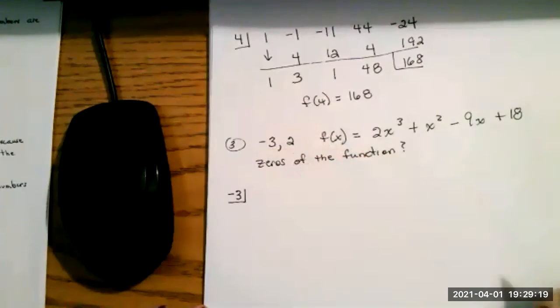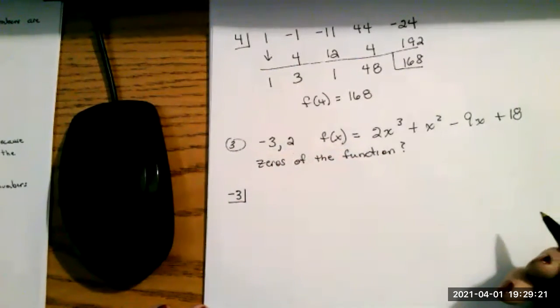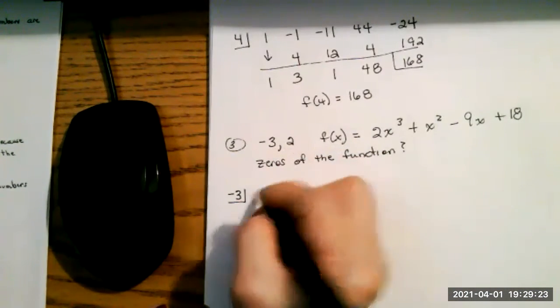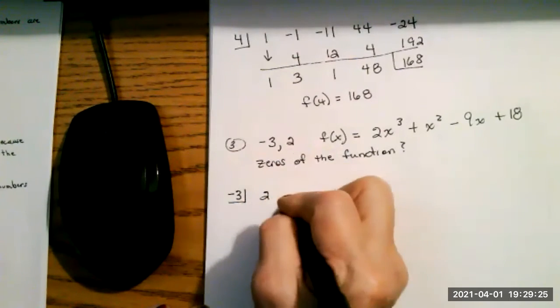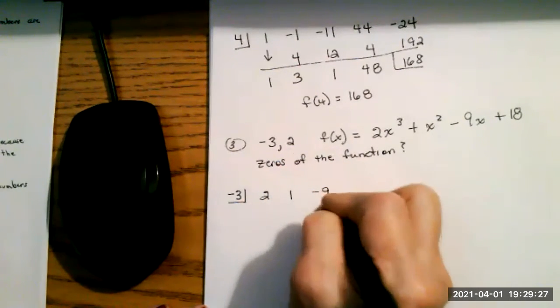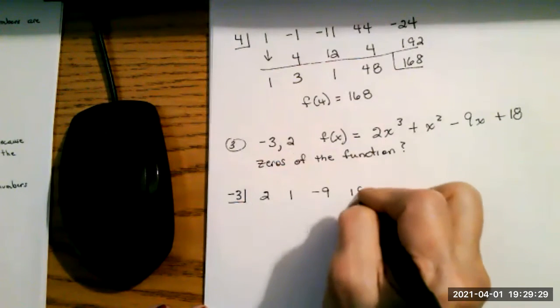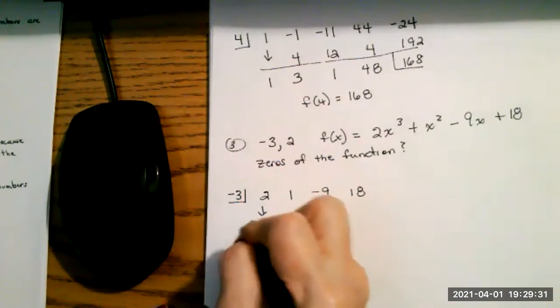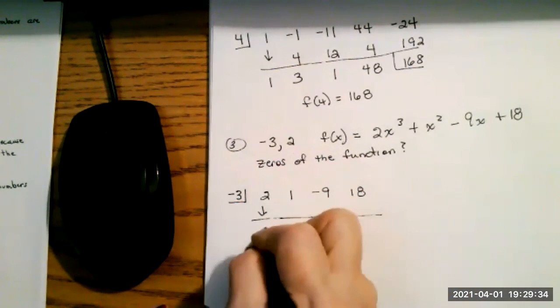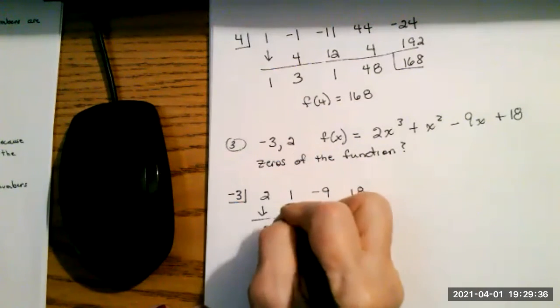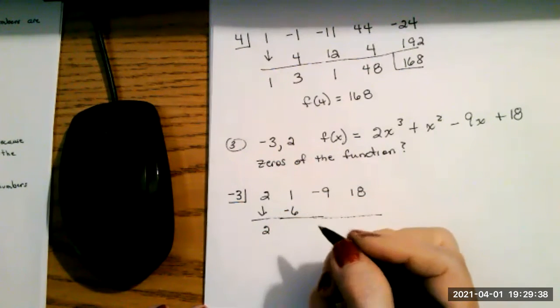Notice this is not in that binomial form, so we're not changing the sign. 2, 1, -9, and 18. Let's see what we get. 2, -6.